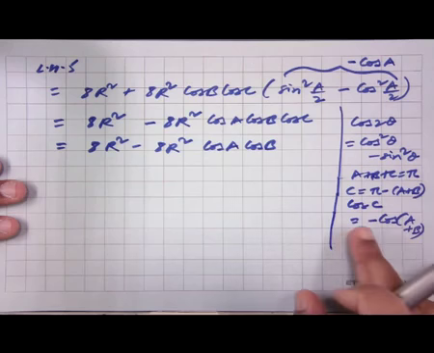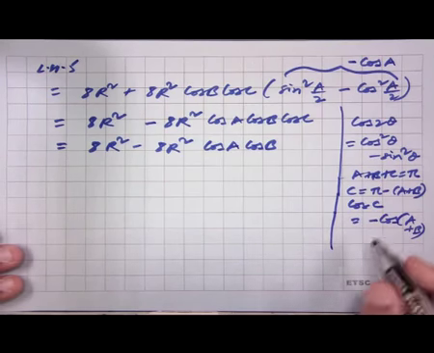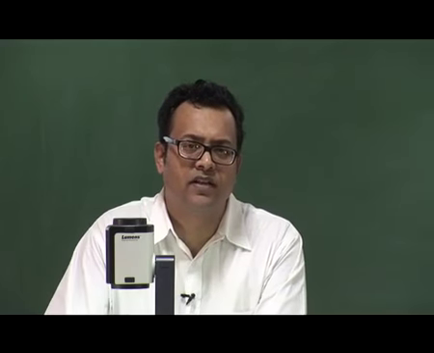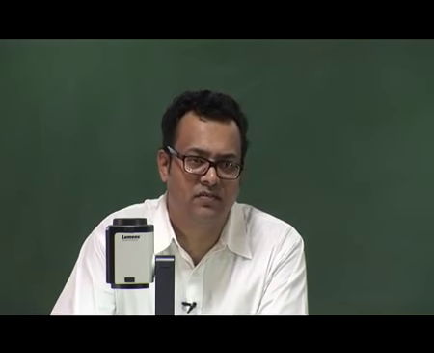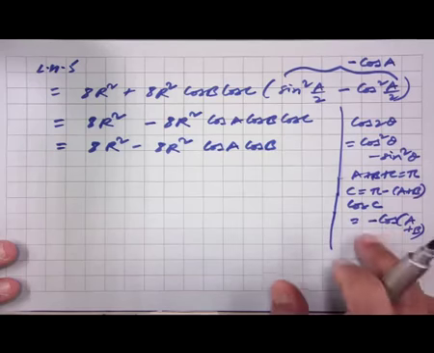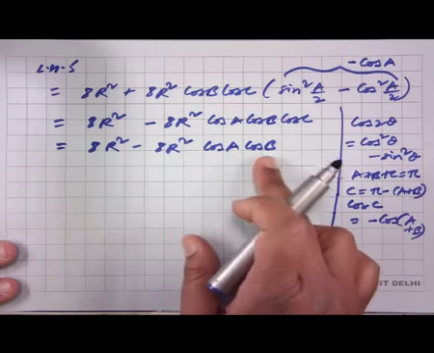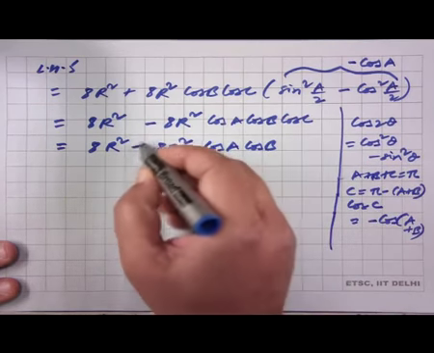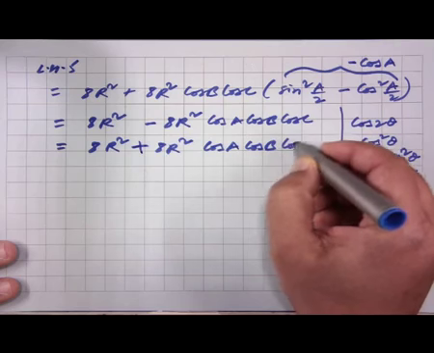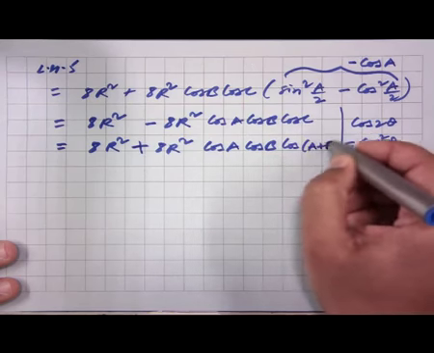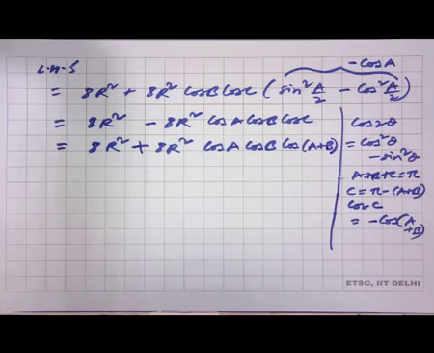So here we have used the result that cos of pi minus theta is equal to minus cos theta for any theta. So using this result, if we replace this cos c with this, what we get is a plus sign here and cos of a plus b there.